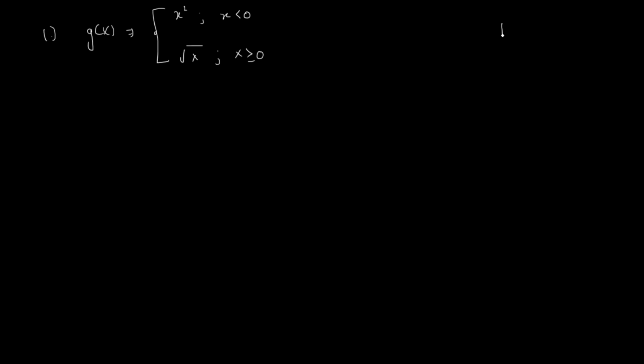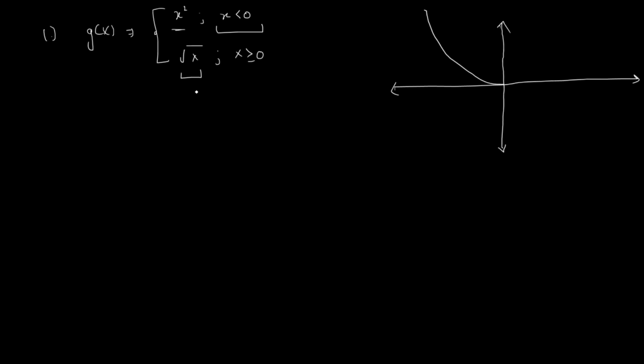So let's draw a graph. We know the values less than 0 will be on the left of the y-axis. So for x squared, we know the shape of the quadratic equation is a parabola.